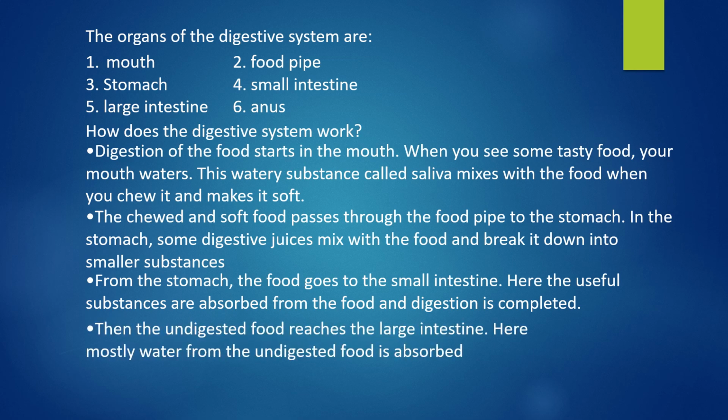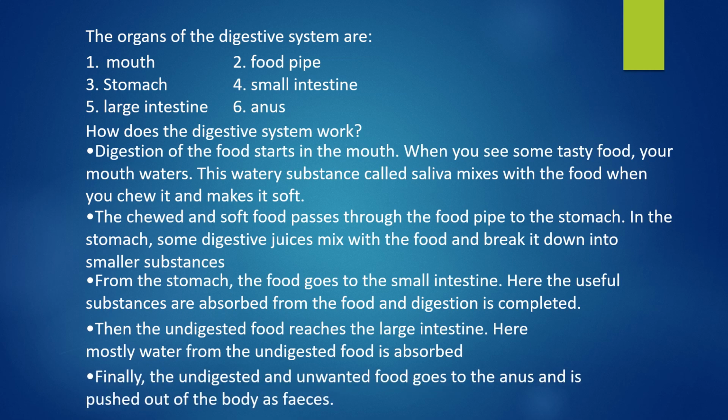Then the undigested food reaches the large intestine. Here mostly water from the undigested food is absorbed. So all the water that is mixed with our undigested food is absorbed by the large intestine. Then finally the undigested and unwanted food goes to the anus and is pushed out of the body as feces.